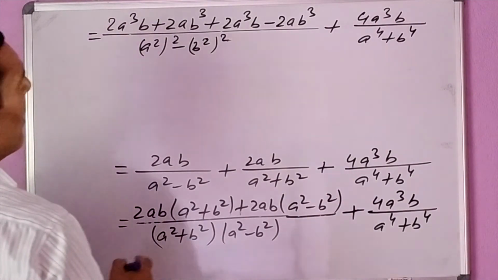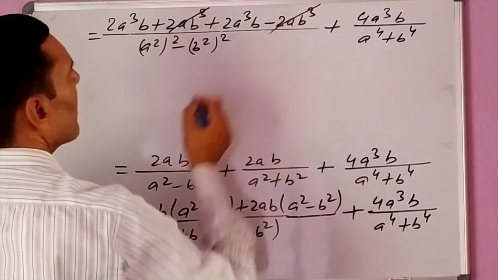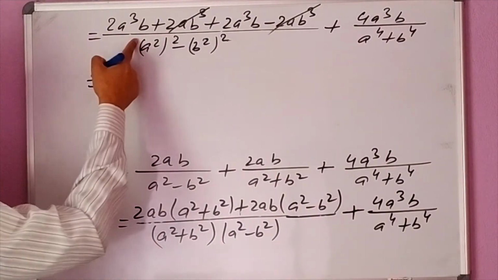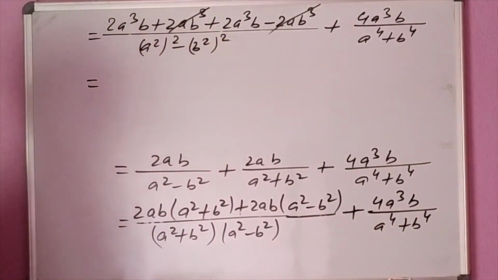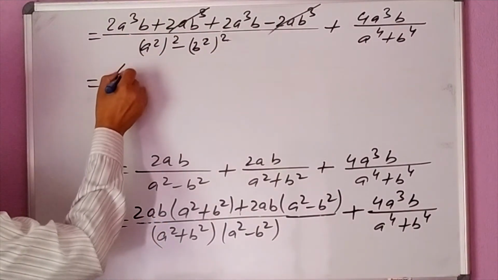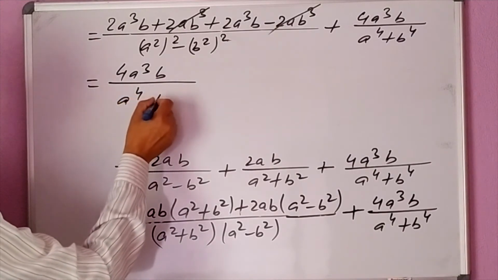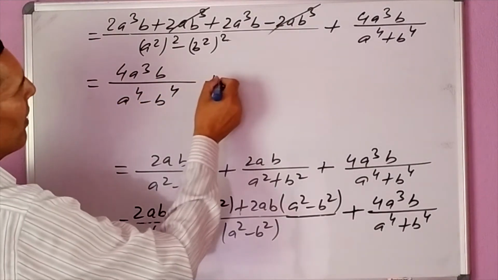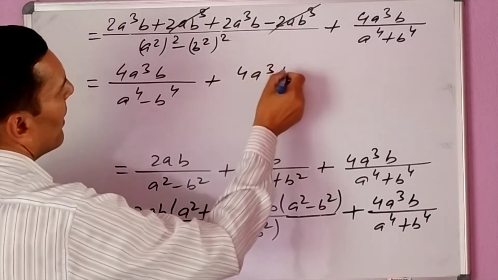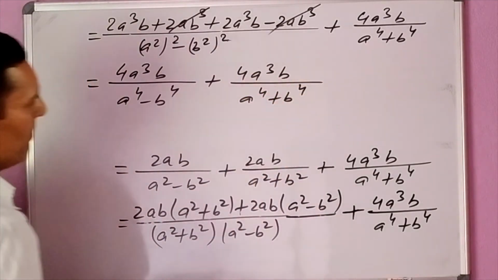So this 2ab cube, 2ab cube, plus minus cancel. So 2a cube b, 2a cube b, look, these are like terms. So 2 plus 2, 4a cube b upon a power 4 minus b power 4 plus 4a cube b upon a power 4 plus b power 4, the last term.